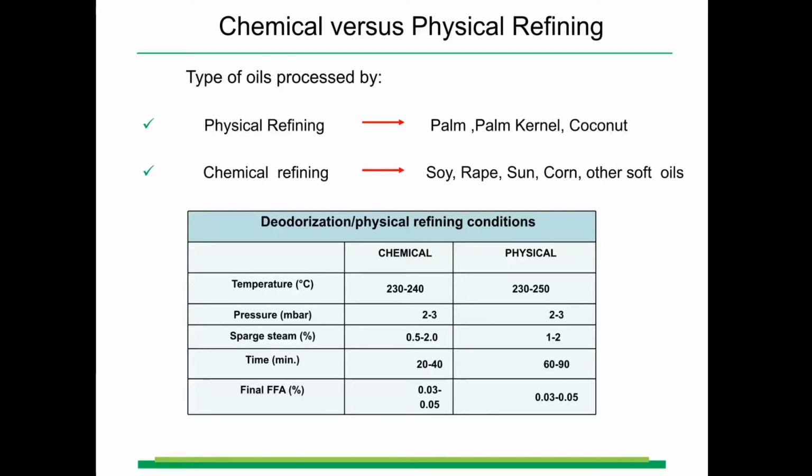The difference between these 2, chemical and physical refining, is that chemical refining is carried out, the deodorizing part, at lower temperatures and also lower residence time. In physical refining, the deodorization takes place at higher temperature and higher residence time.